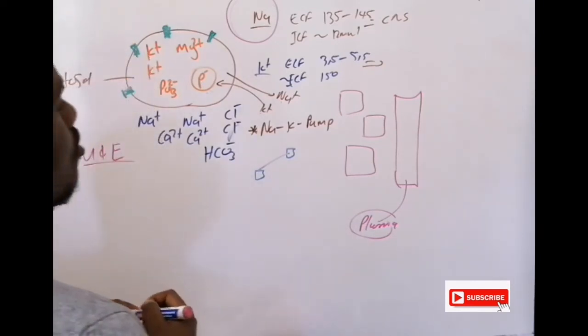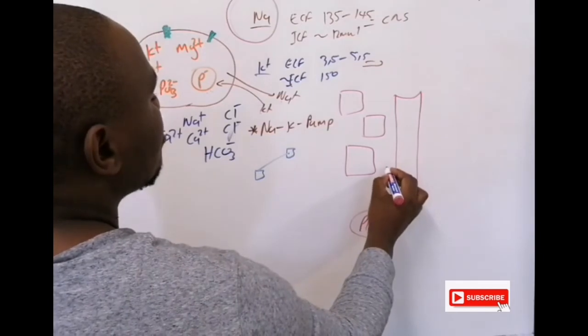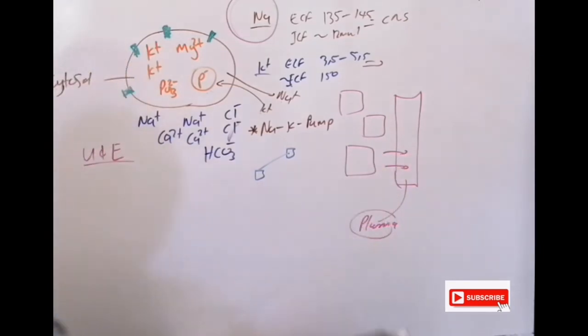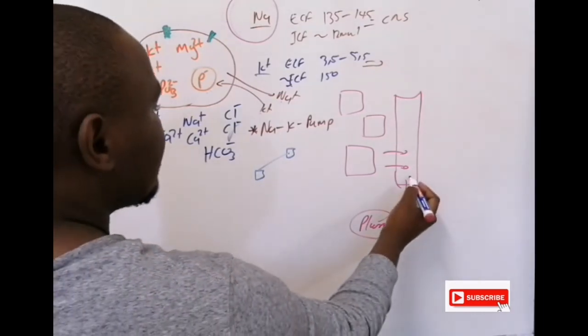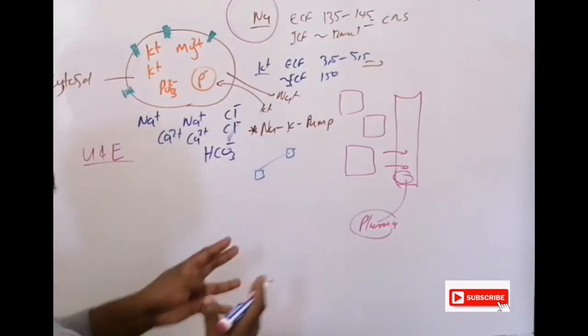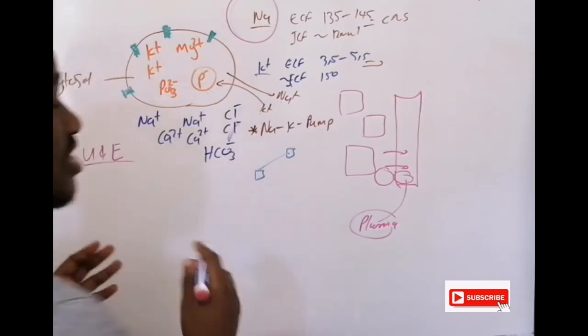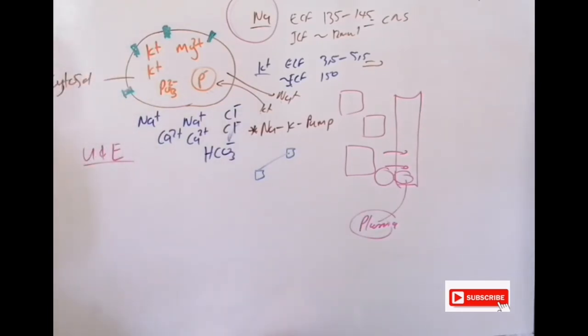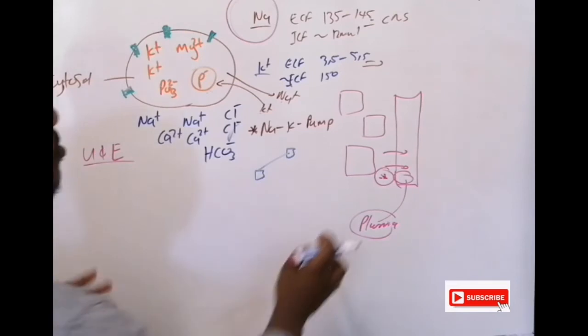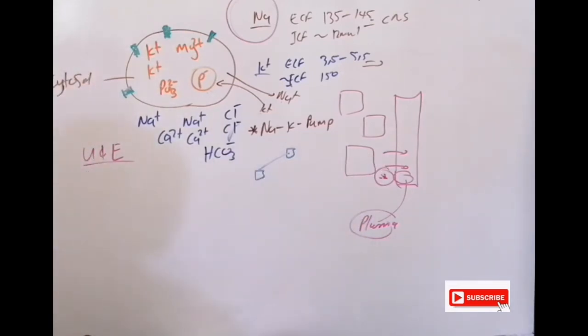But we know that there's a constant movement of water from the interstitial space into the intravascular because of those pressures, your hydrostatic and your oncotic. So if I take a sample in the intravascular space, it also gives me an idea of what is happening in the interstitial space or in the extracellular fluid compartment. And if I know what is happening here, I roughly also know what is happening inside there, basically.